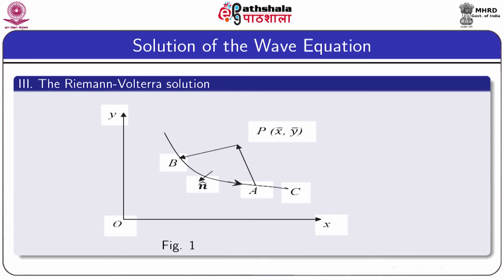The figure is shown here. So, we are interested to find the value of u at the point P, and the two characteristics are PA and PB, and the values of u are prescribed on the curve C. The curve C is shown here.